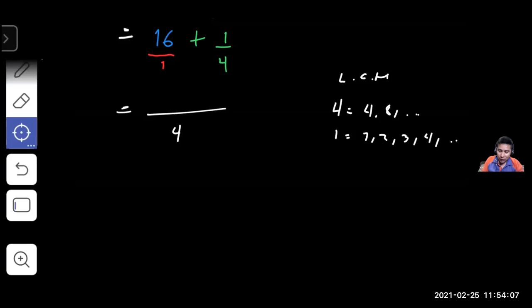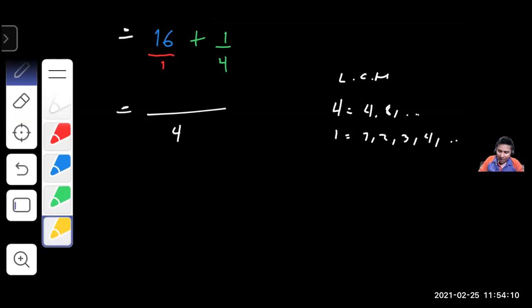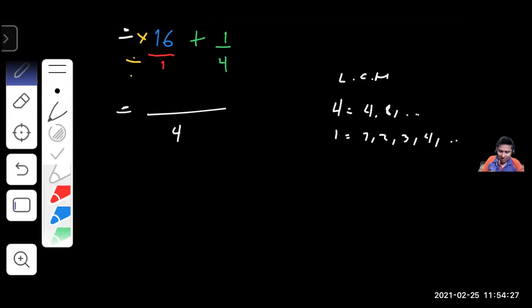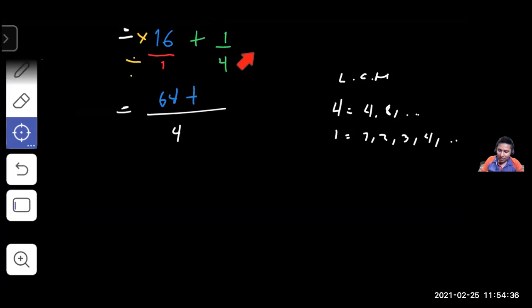And then we have 2. Do you remember what we did? Divide and multiply. 4 divided by 1 is 4. Okay, we have 4. 4 times 16, guys, is 64. Plus, this one: 4 divided by 4 is 1.